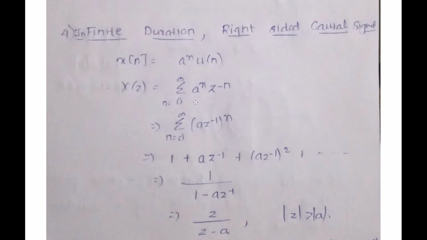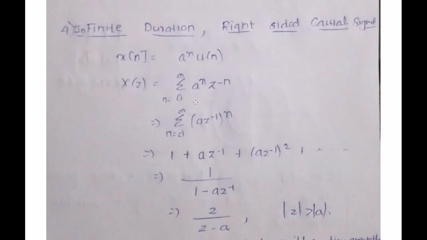Infinite duration right-sided causal signal, in which you have x(n) equal to a raised to n, u(n). Now u(n) is only defined from 0 to infinity, and then you have x(n) z raised to minus n. Therefore, the sum from 0 to infinity of (a z raised to minus 1) the whole raised to n. Why? Because u(n) starts from 0 to infinity.